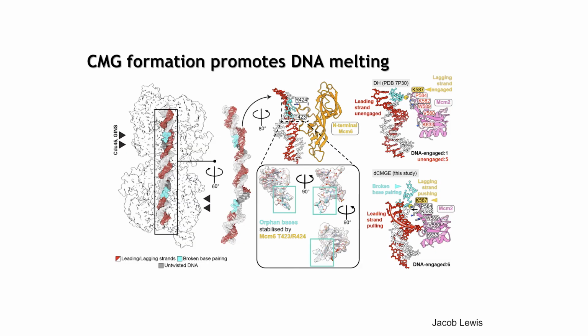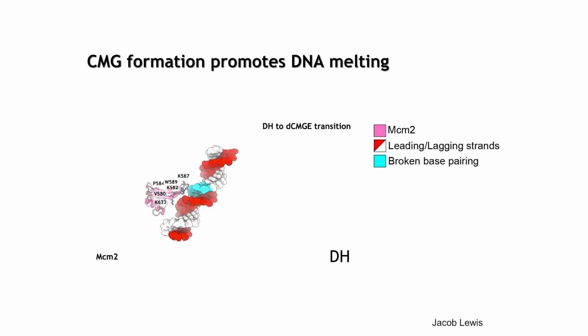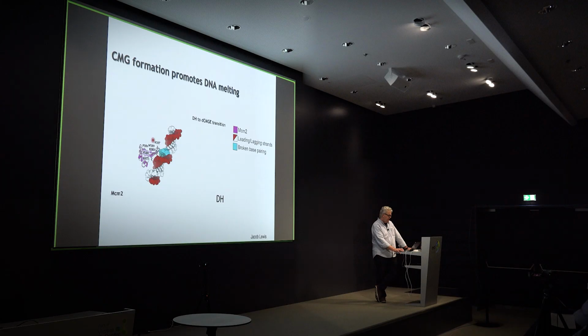And again, I've gone through this too quickly, but a key to this is a small domain in MCM2, one of the MCM subunits, which inserts into the minor groove of the DNA and causes this untwisting, which you can see here. Yeah, so you can see that domain inserting into the minor groove.